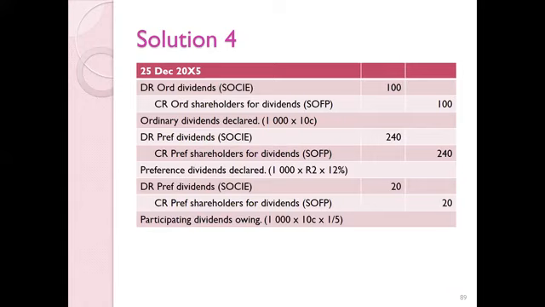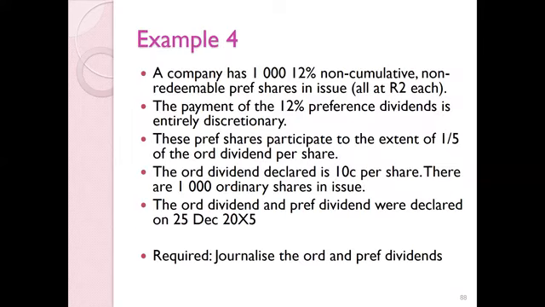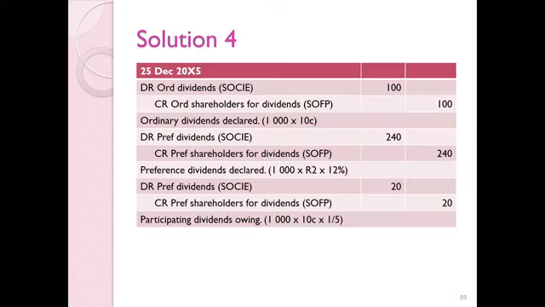Starting off with our ordinary dividends, debit our ordinary dividends, ultimately being a reduction of retained earnings, and credit the ordinary shareholders for dividend. When we look at ordinary dividends, they are based on the number of shares and the dividend per share. So the fourth bullet point tells us that there's 1,000 shares and the dividend declared is 10 cents per share. That ultimately means that our ordinary dividends declared in total will be a value of 100 Rand.